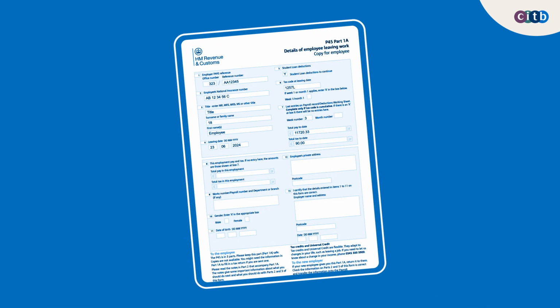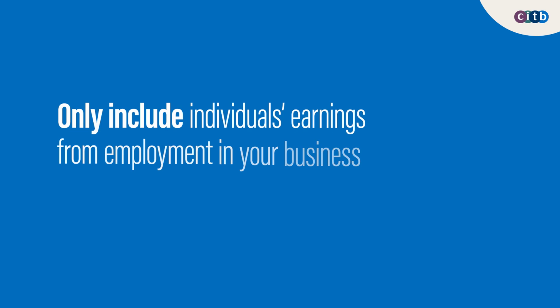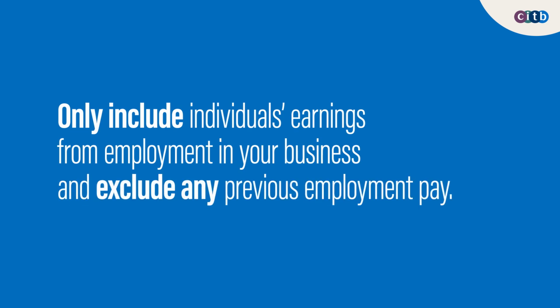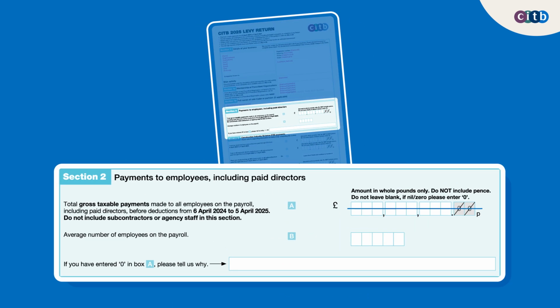You can use these documents to calculate the total gross taxable pay, but be sure to only include individuals' earnings from employment in your business and exclude any previous employment pay. If your business has made no taxable PAYE payments, please enter 0 in the total taxable pay box and enter a reason for no payroll into the space provided.